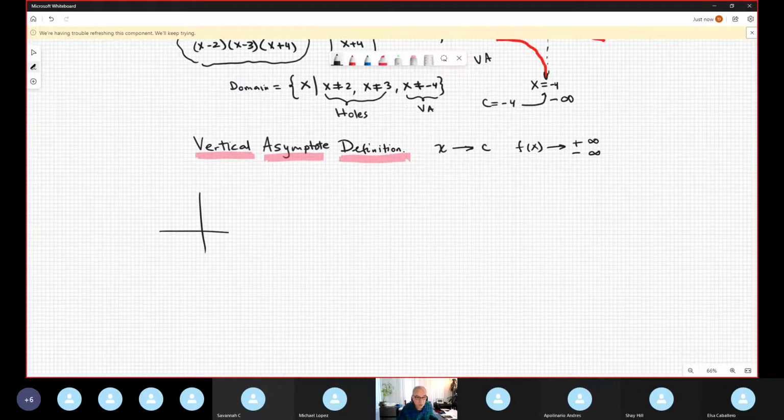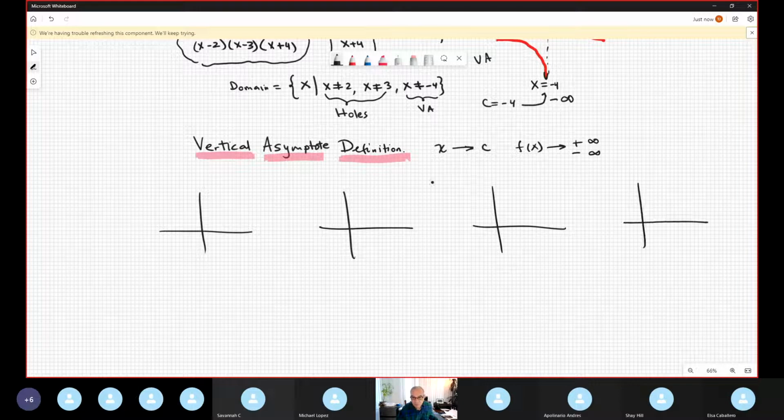Look, we have 4: 1, 2, 3, and 4. We have, for example, one vertical asymptote like that.